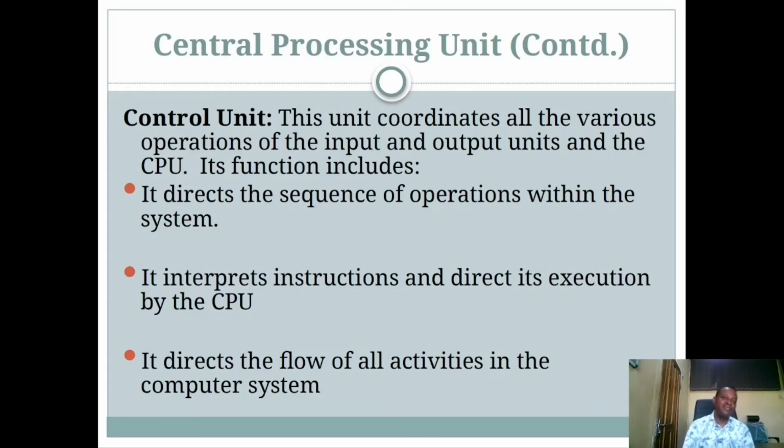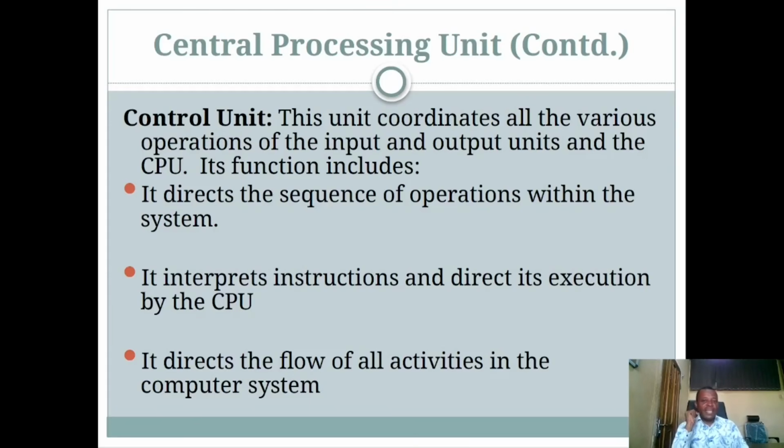And even with that, we will not even have what may be referred to as a computer system, because if the computer system doesn't do what we want it to do, then its aim is defeated. So the control unit coordinates all the various operations of the input and output unit and the CPU.